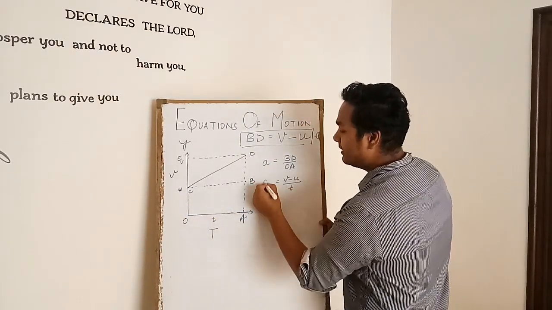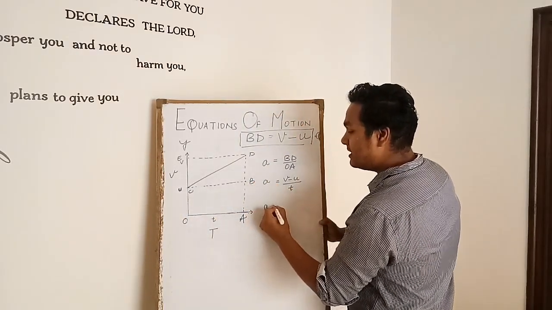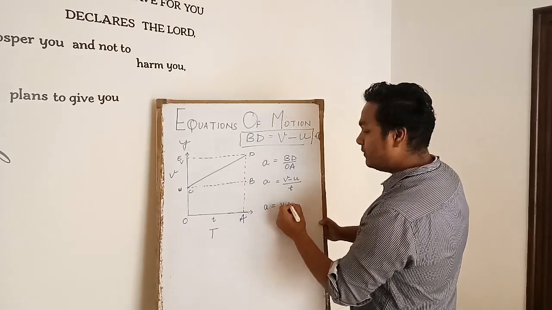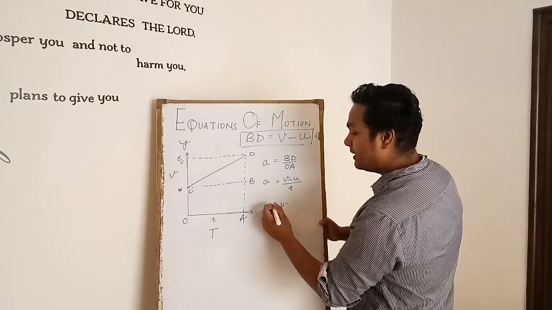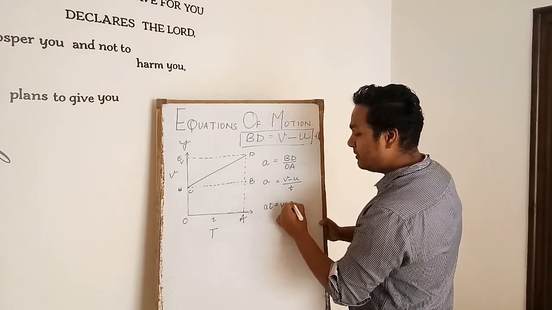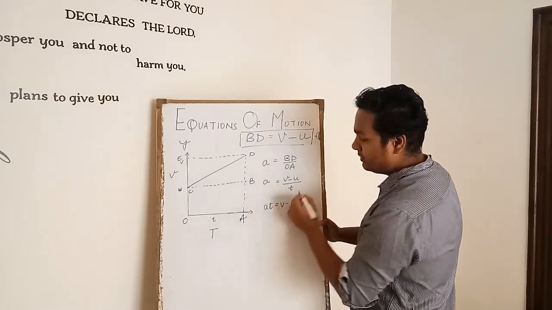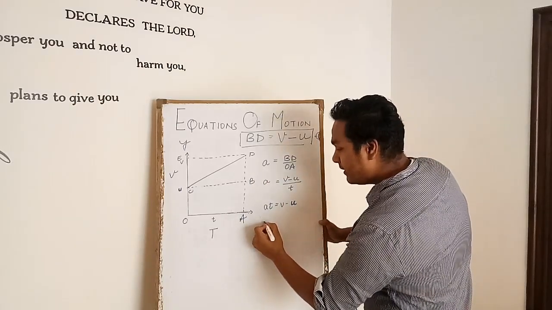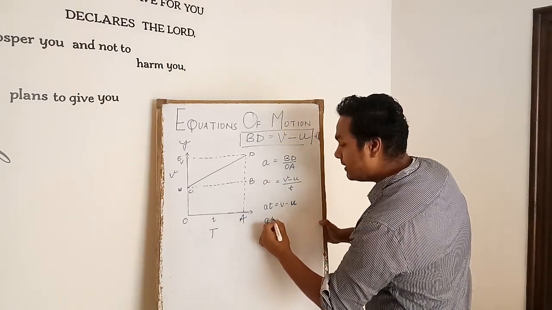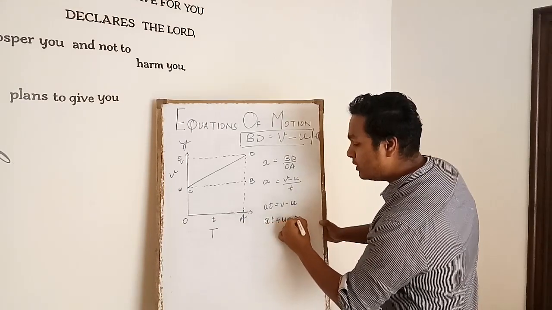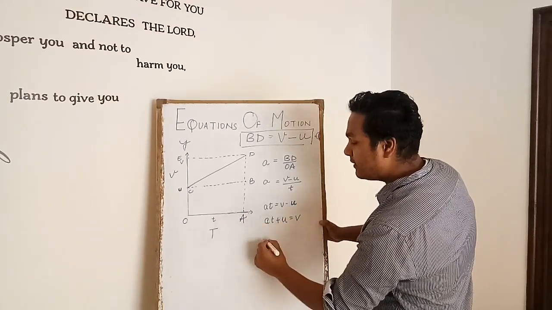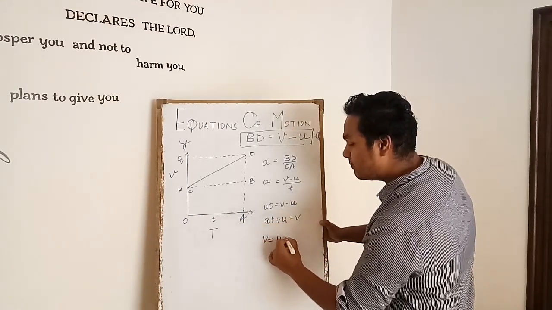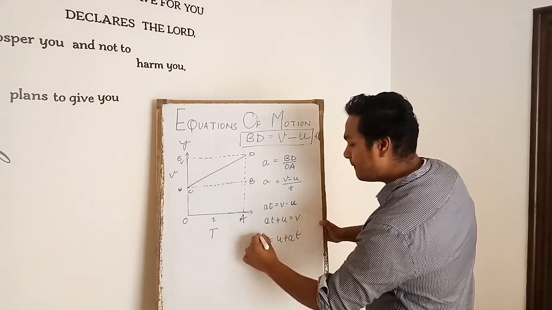So acceleration a is equal to v minus u upon t. at is equal to v minus u. I have cross multiplied. Now at plus u is equal to v, and we can write it v is equal to u plus at.